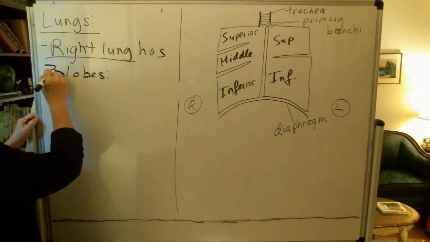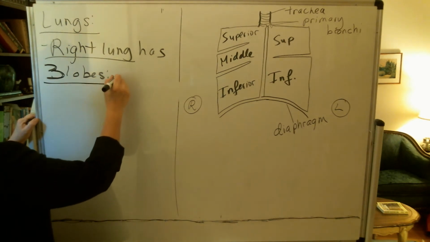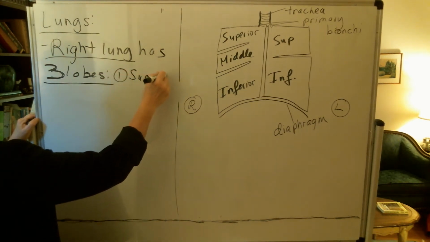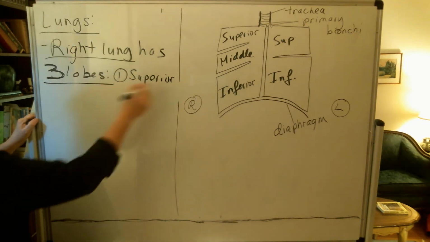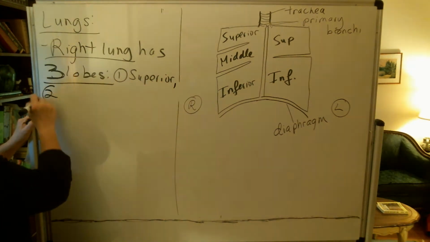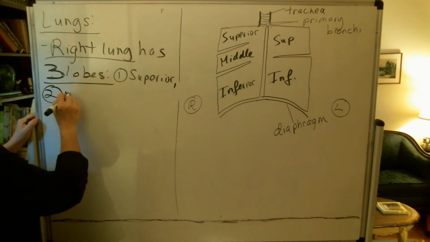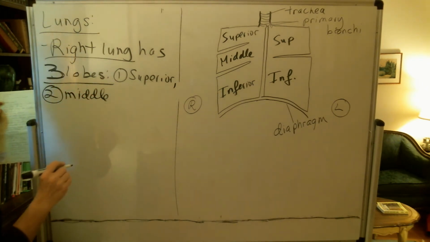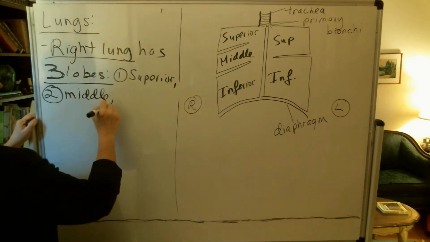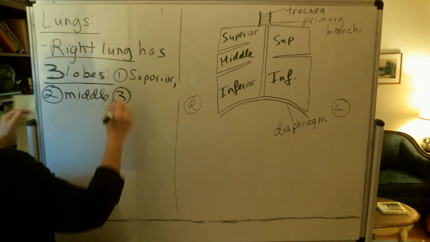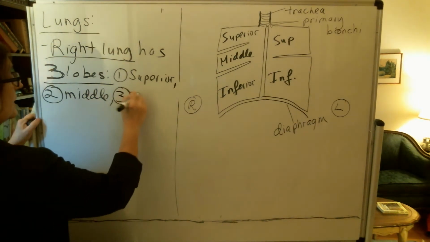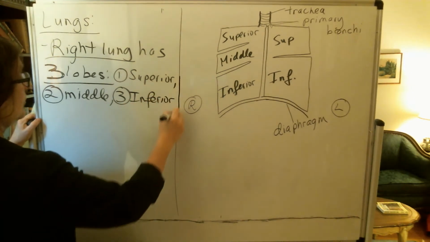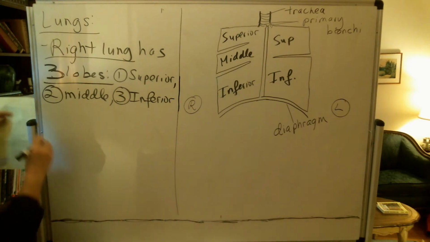That's a 3 there. 3 lobes, and they are, as I have indicated there, the superior is the top lobe. The middle is the middle lobe. And the third one then is the inferior lobe. That's the right lung.